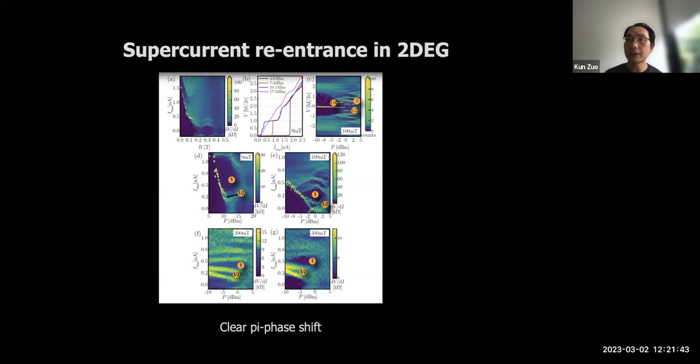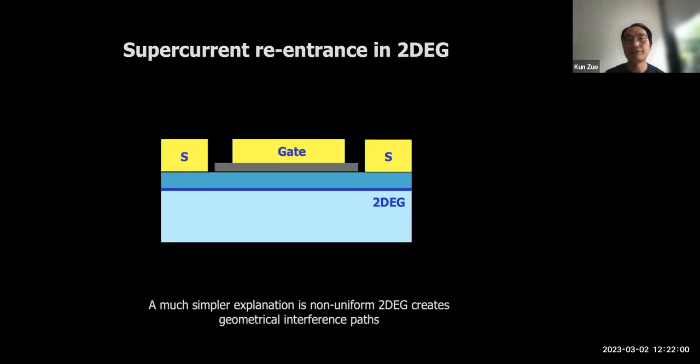Although in 2DEG, you only have a single subband because the second subband is very high, you don't really consider a lot of supercurrent interference, and also because the 2DEG is much thinner than the nanowires, the orbital effect is not that possible. However, the 2DEG is pretty long, a few micrometers, and very large.